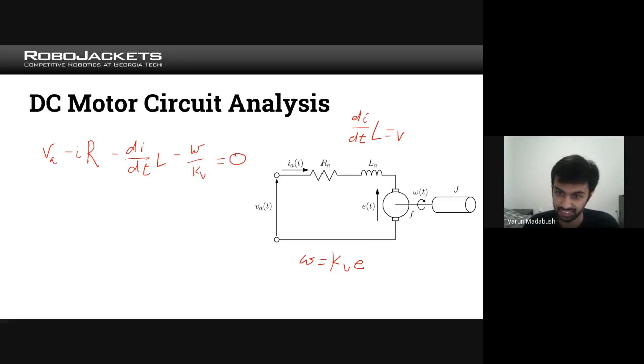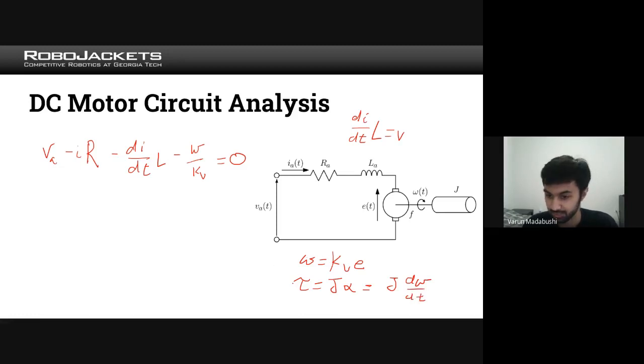So this is the first equation. And now we can write the equation for the mechanical side. You remember that torque equals the moment of inertia times the angular acceleration, which equals J times d omega/dt.